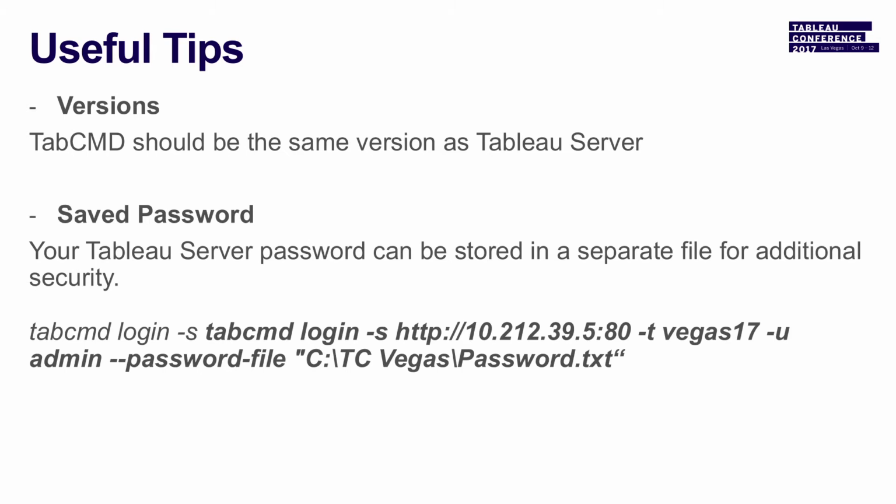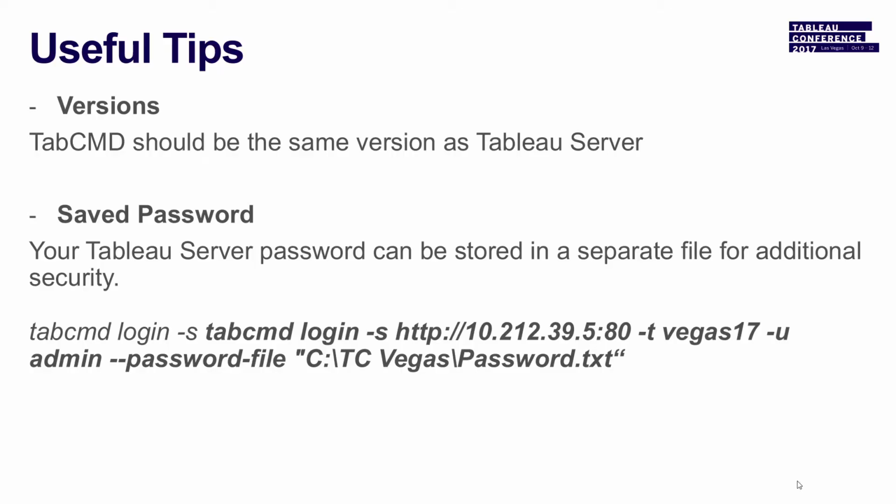Saved password. Sometimes we build scripts and we want to share them with someone else in the organization. Usually, each Tabcmd script will start with Tabcmd login, and then you need to specify username and password. Not always do we want to type our password into that script. So in that case, we can actually reference a password file.